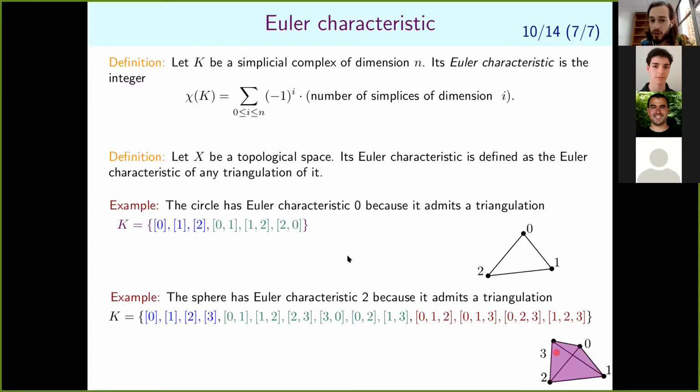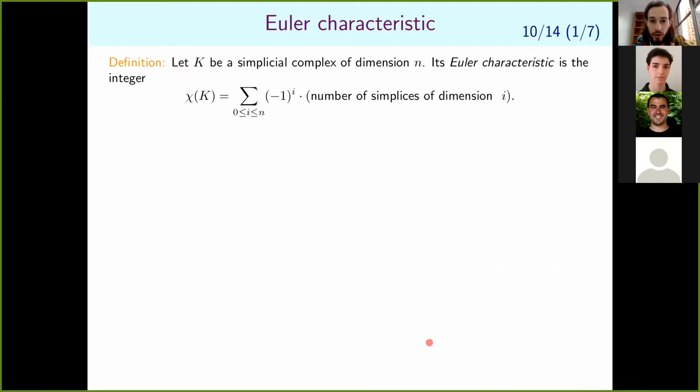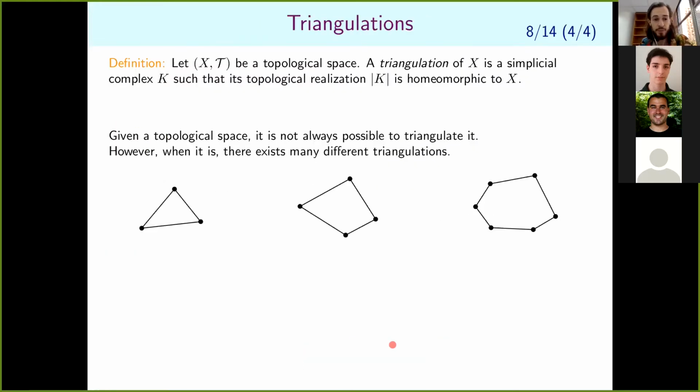As we've seen before, this simplicial complex is a triangulation of the sphere and it has Euler characteristic 2. Mental exercise: these 3 simplicial complexes are triangulations of the circle, and you can verify that they all have the same Euler characteristic.